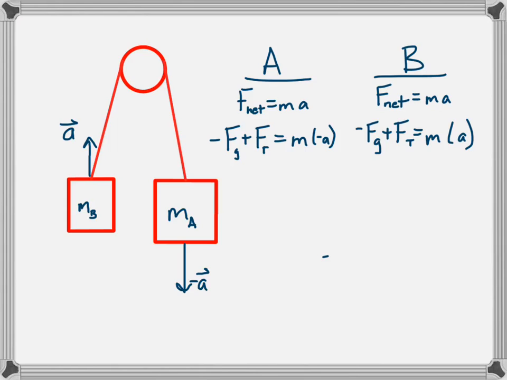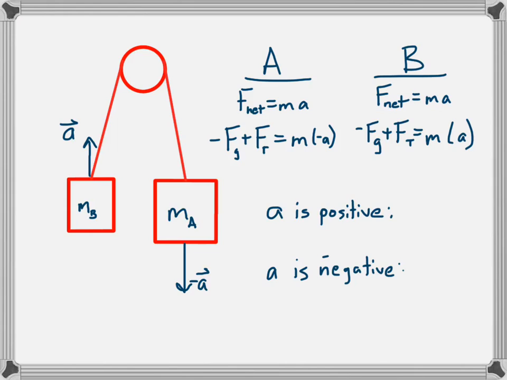Now you might be asking, well, Dr. Brenzy, what if we have a situation where we don't know which block is going to accelerate up and which one's going to accelerate down? When you go to solve these equations, you're going to get an answer that is either positive or negative for a.